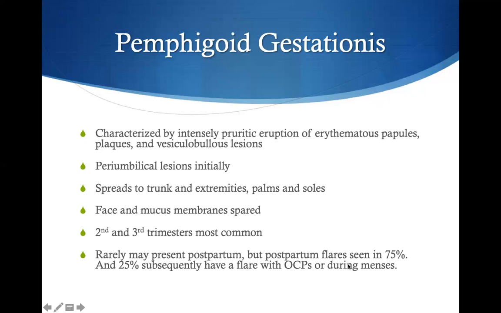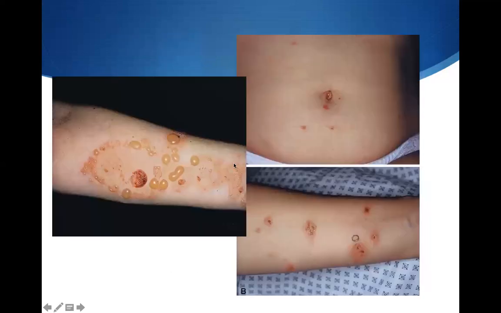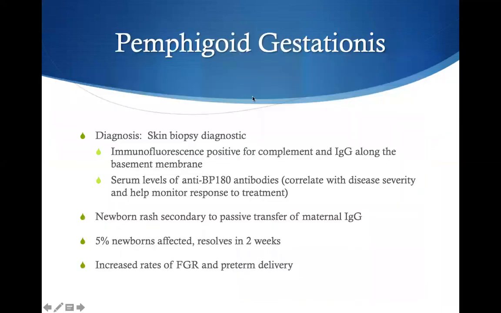Next slide. So again, around the umbilicus, spreading to extremities with bullous formations. To make the diagnosis for sure, you need to do a skin biopsy, and you're going to stain for immunofluorescence of complement and immunoglobulin along the basement membrane.